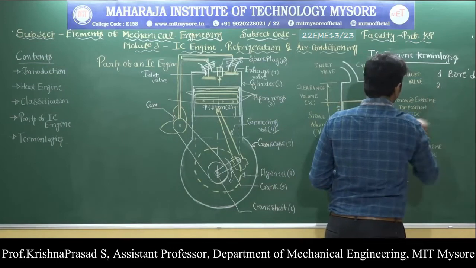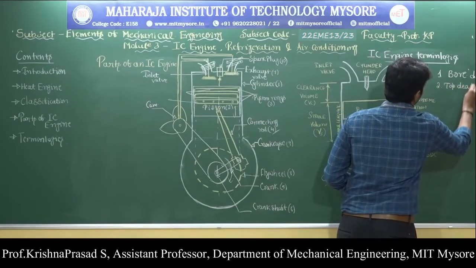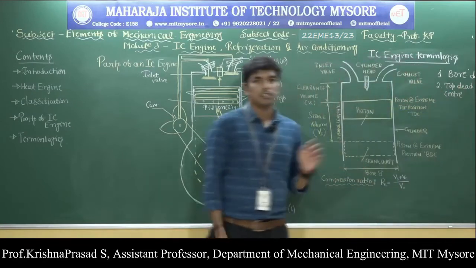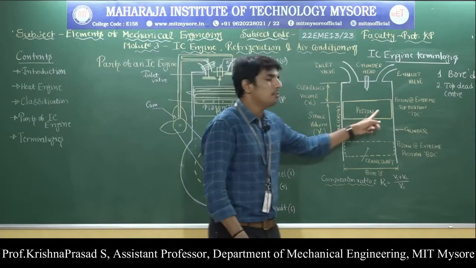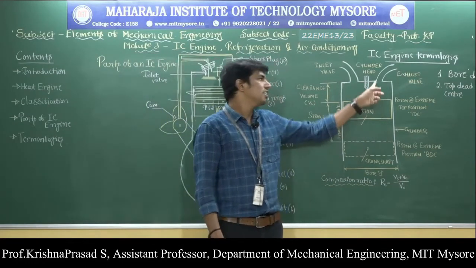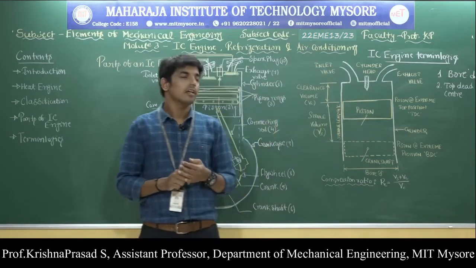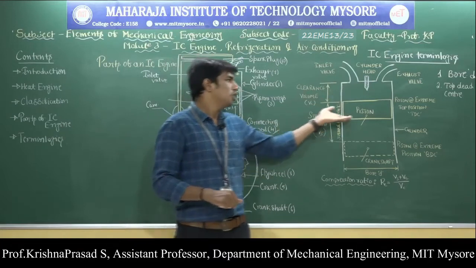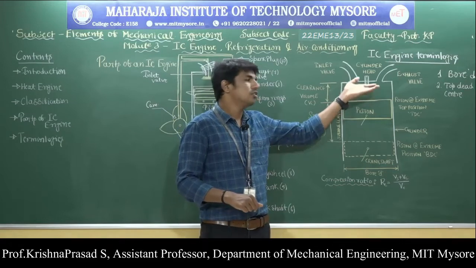The second one is called the top dead center. What is meant by the top dead center? The extreme position of the piston near the cylinder head is called the top dead center. During the suction and the power stroke, the piston starts from the cylinder head, so this is called the top dead center.